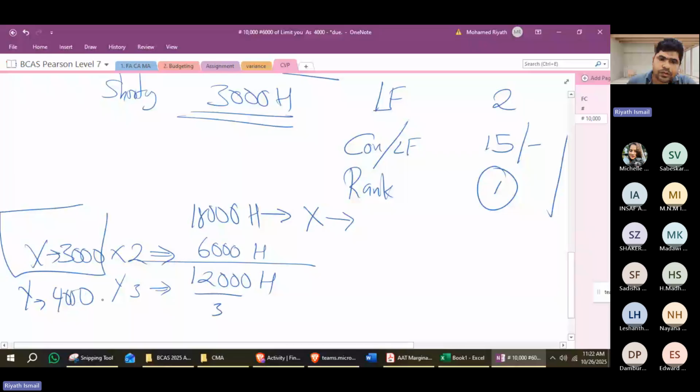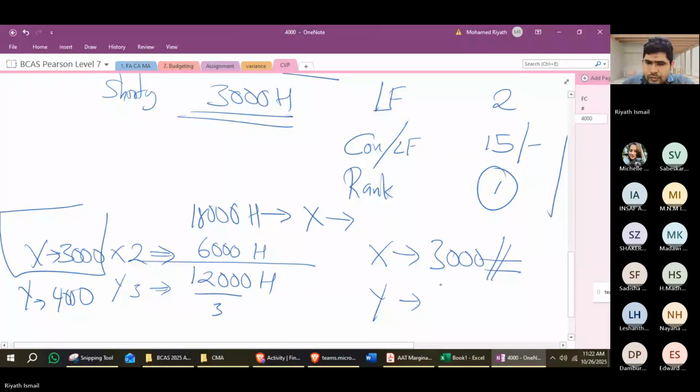So the product mix is, in X we can produce 3,000 units, and for Y we can produce 4,000 units.